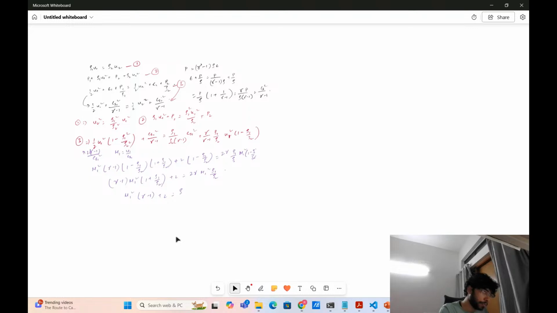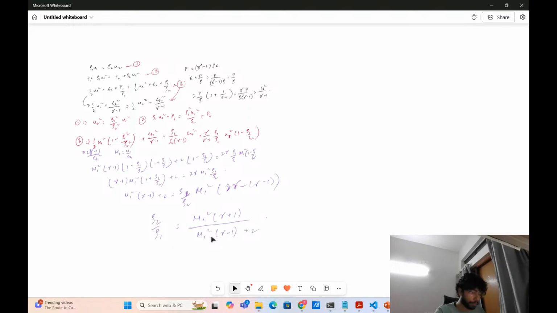Gamma minus 1 plus 2 equals rho 1 by rho 2 m1 square 2 gamma minus 1. So finally rho 2 by rho 1 will come out to be m1 square gamma plus 1 by m1 square gamma minus 1 plus 2.